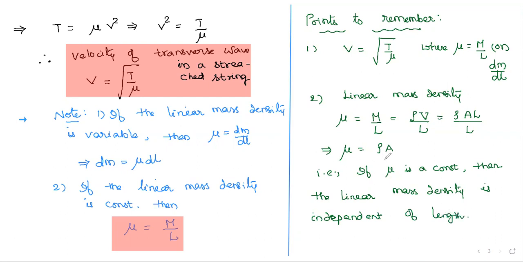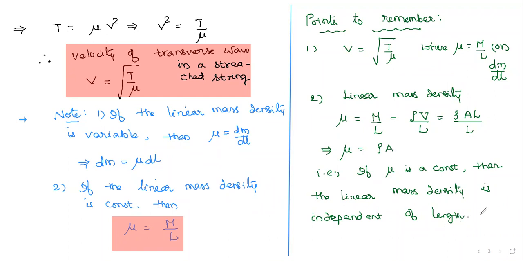Then it depends on whom, sir? Density, which gives the nature of the material. For different materials, rho is different: silver wire, gold wire, platinum wire, iron wire, zinc wire. And number two, keep in mind, it depends upon the area of cross section.